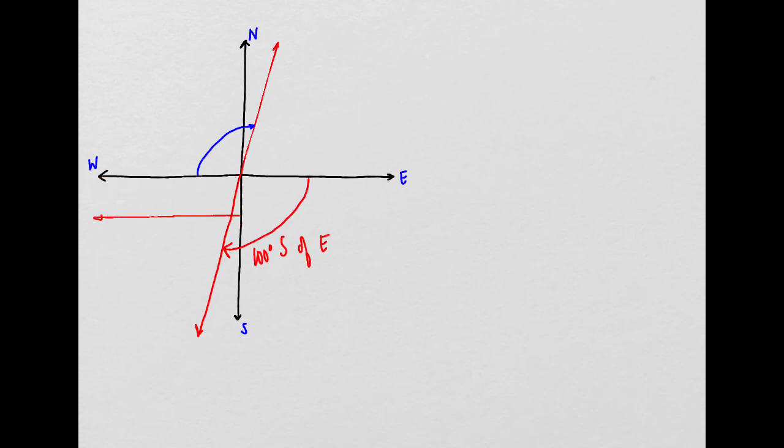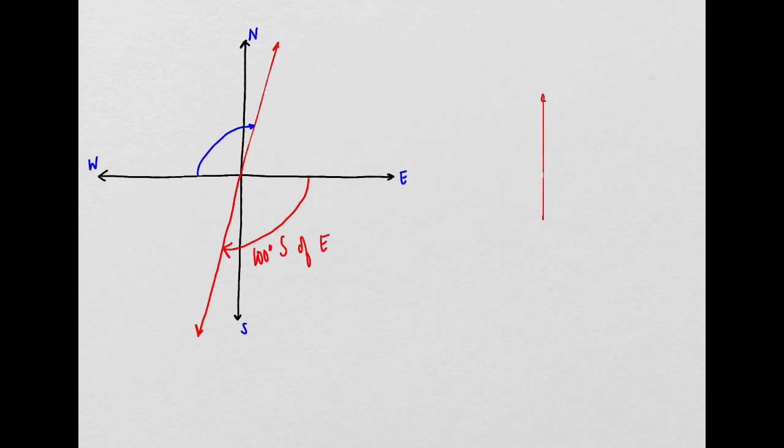Well, if I'm this arrow here and I'm starting at west as my starting point, now I'm going to go 100 degrees north of west. Well, I'm starting at west, and I'm going to rotate this 100 degrees in the northern direction. Now I am 100 degrees north of west, right?